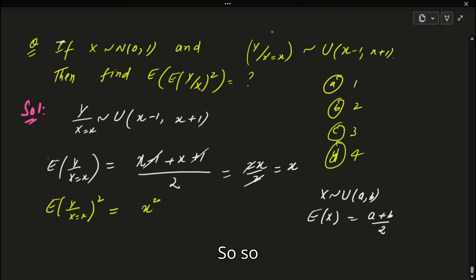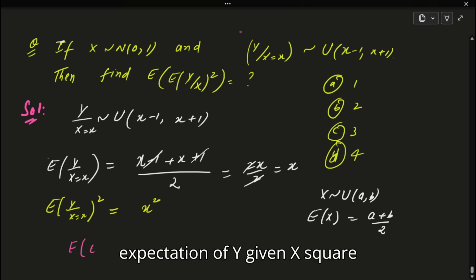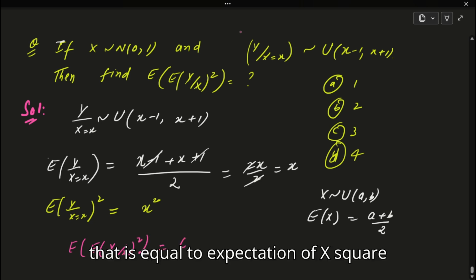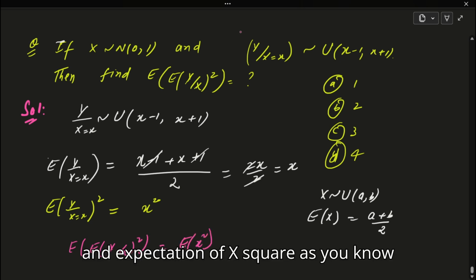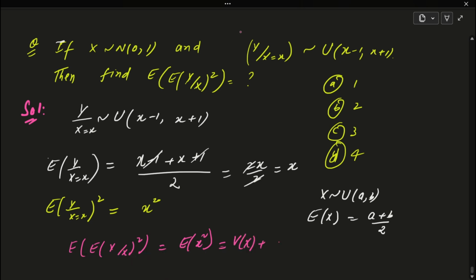Clear? So from here we need to calculate the expectation of (y given x) square, that is equal to the expectation of x square, and the expectation of x square, as you know, is equal to the variance of x plus (the expectation of x) square.